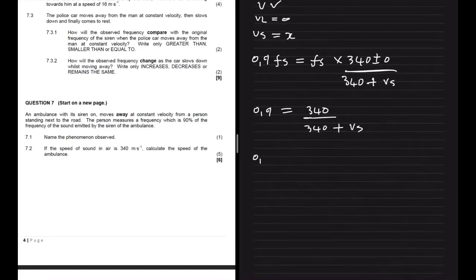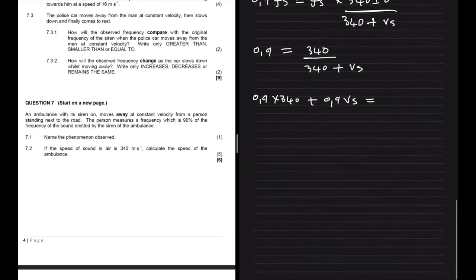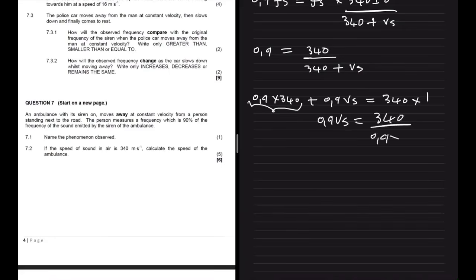We have 0.9 multiplied by 340 plus 0.9 VS equals 340 multiplied by 1. Let's take this to the right hand side. So we have 0.9 VS equals 340 minus 0.9 multiplied by 340.